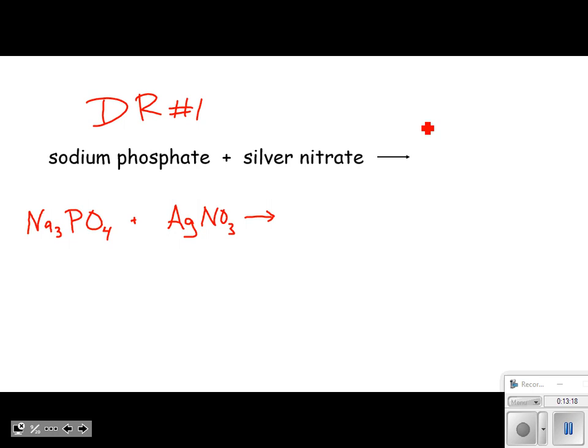Step A says to swap the cations. So I'm going to get sodium nitrate. And I'm going to get silver phosphate.